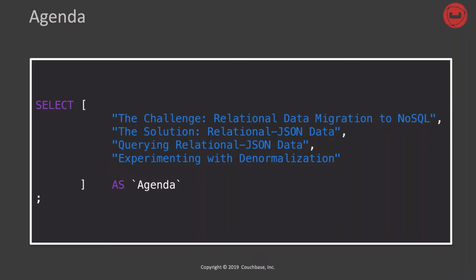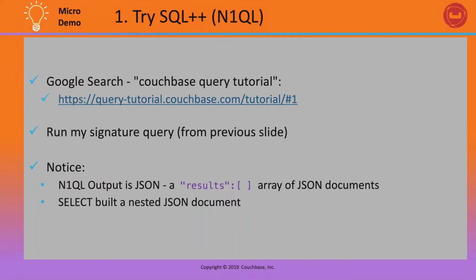And then after ingestion into the NoSQL system, what does it look like to experiment with denormalizing? We won't get into things like stored procedures. We won't get into things like production-ready data sync or anything like that. But we are getting into getting the data into Couchbase first, and dealing with the relational data in its current schema.